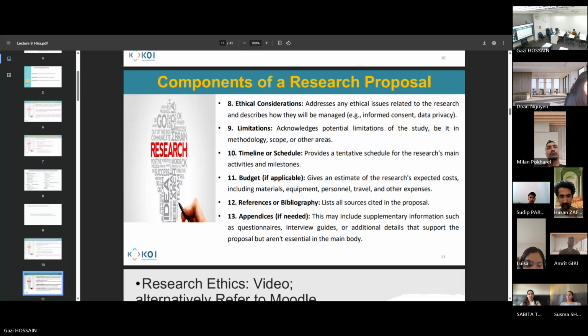Limitation. Limitation doesn't mean drawback. Here limitation means what we can't do at this moment. Actually, it is not possible to do everything in one go. For example, we can't collect data from the whole population.